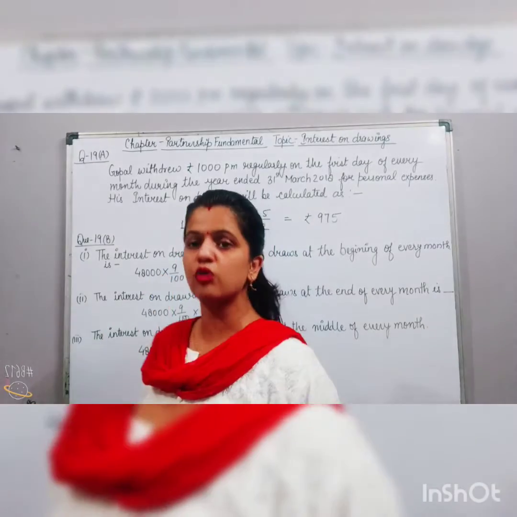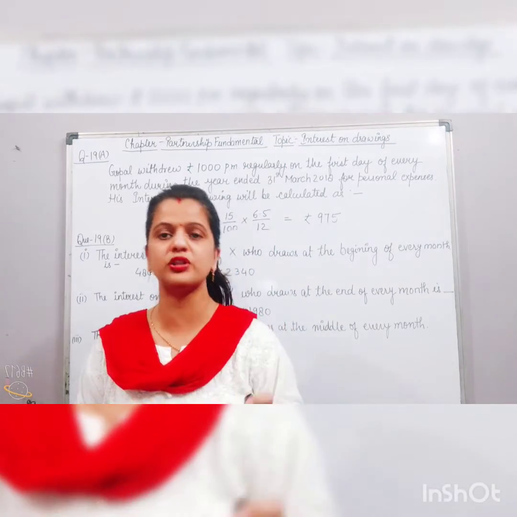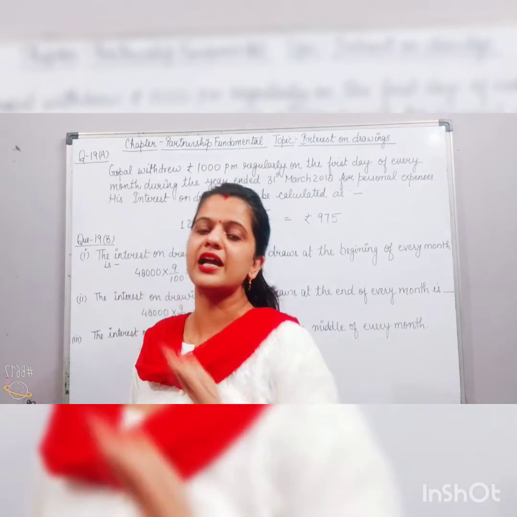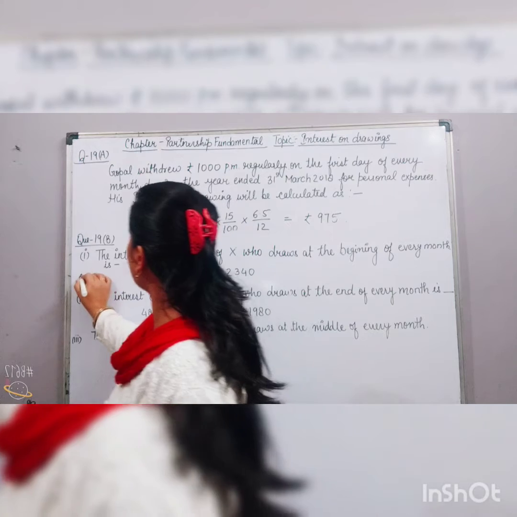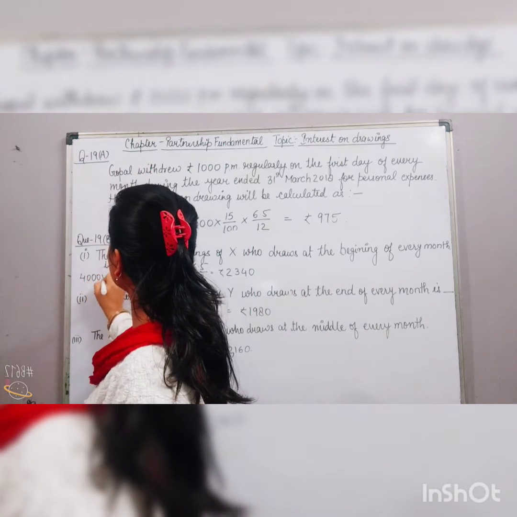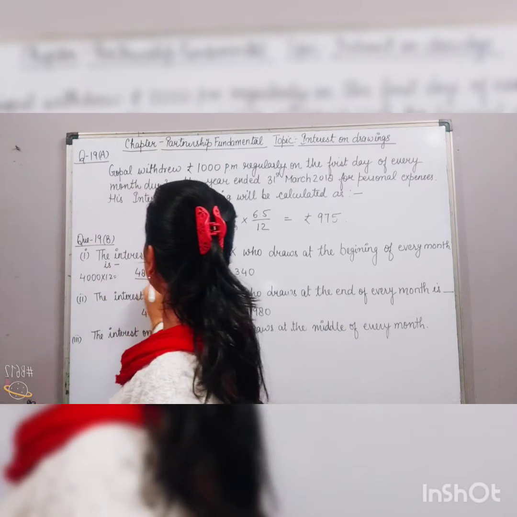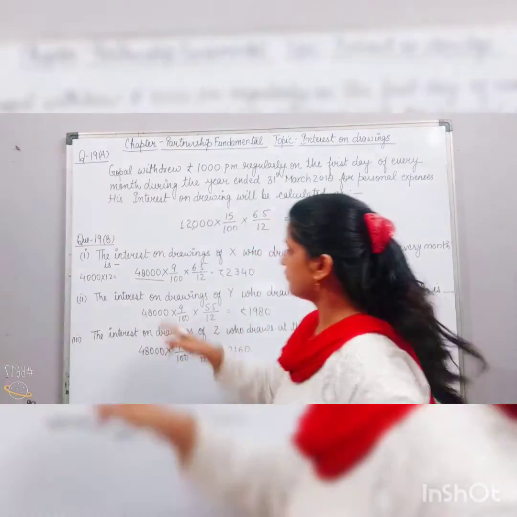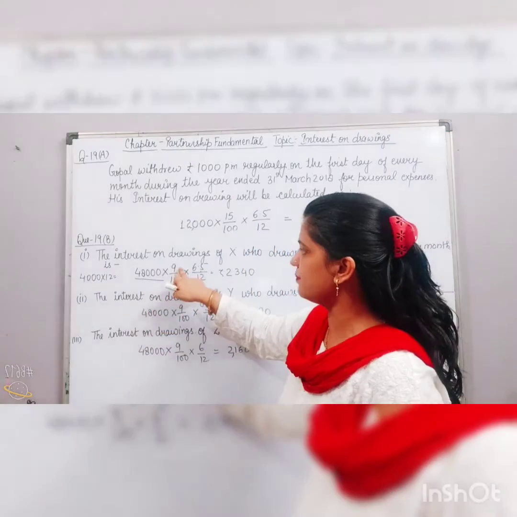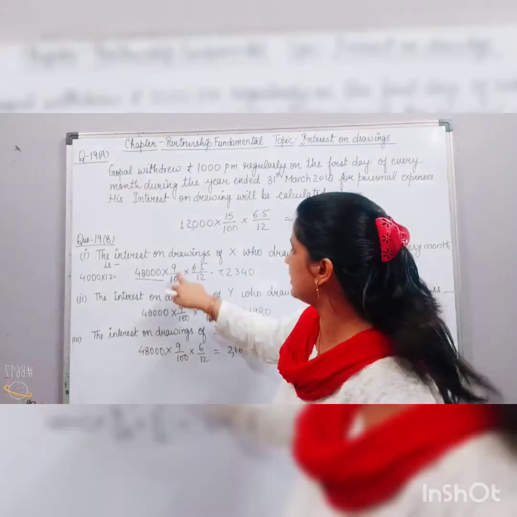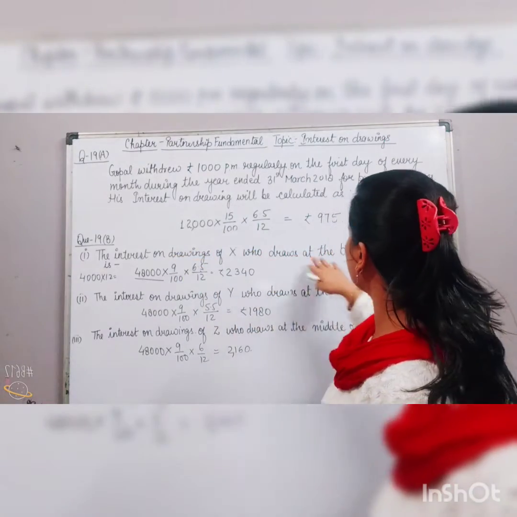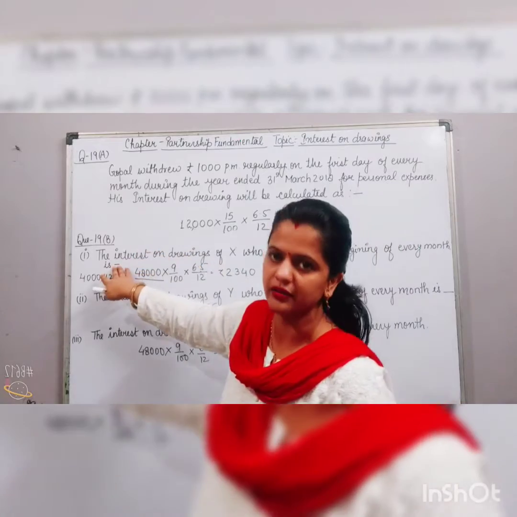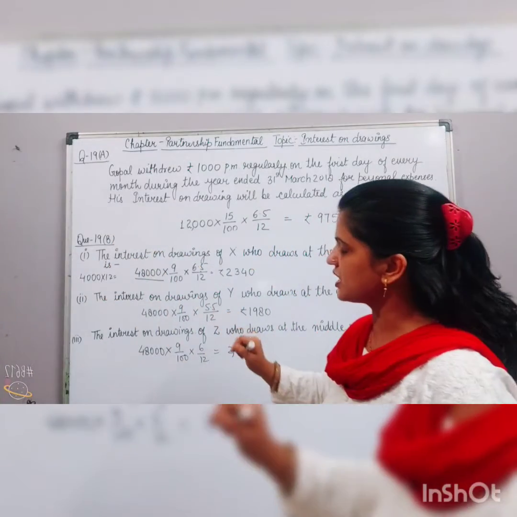So throughout the year, how much will he withdraw? 4,000 into 12, like 48,000. For the 9%, the interest on drawing will be calculated for the average period 6.5. Why? Because he is withdrawing at the beginning of every month.